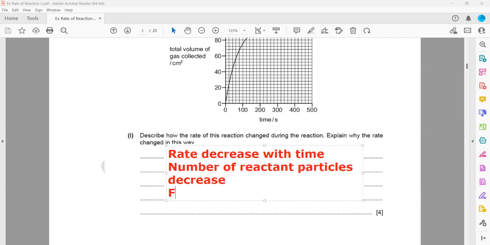The third point, there will be fewer collisions per second. Like every second, a smaller number of particles will collide. And eventually the reaction stops.